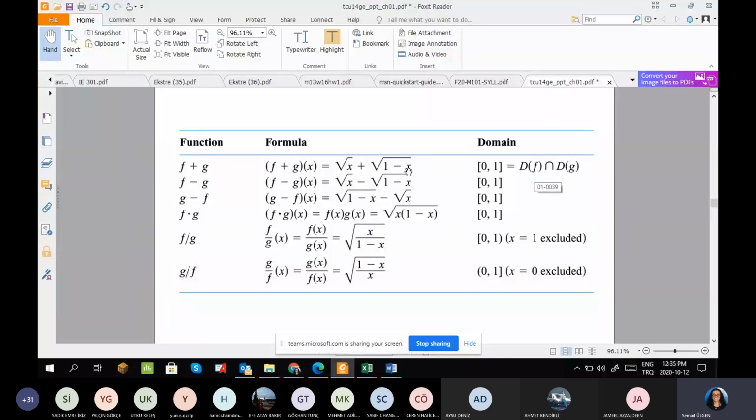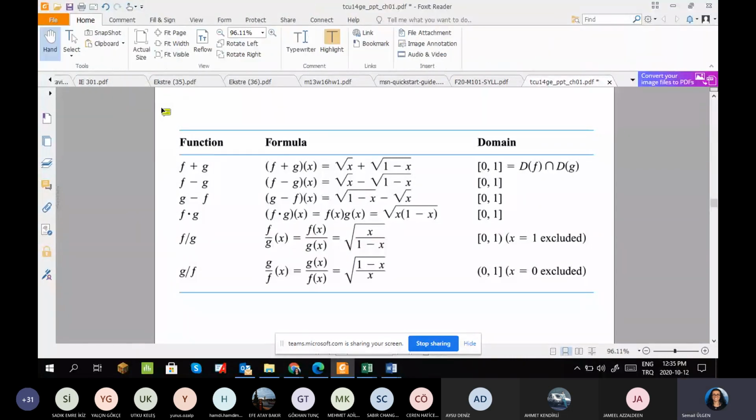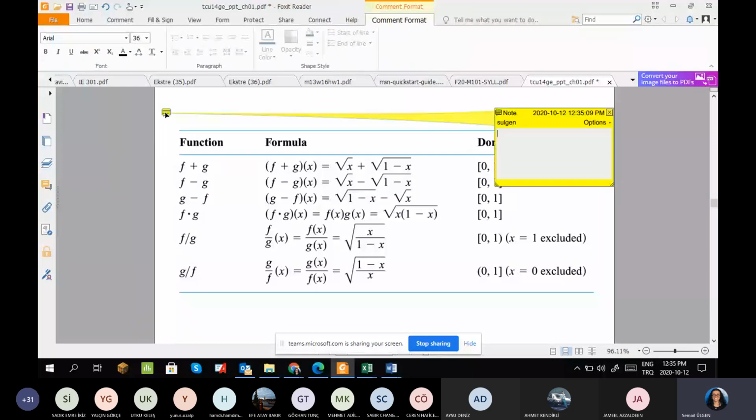So for example, what is the domain of square root of x? Let's write it here. Okay, can anyone remind me the domain of square root of x? Just a second.